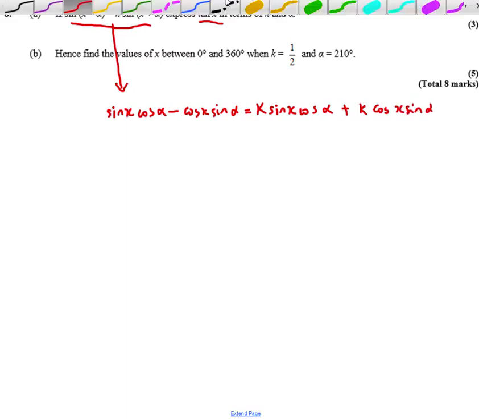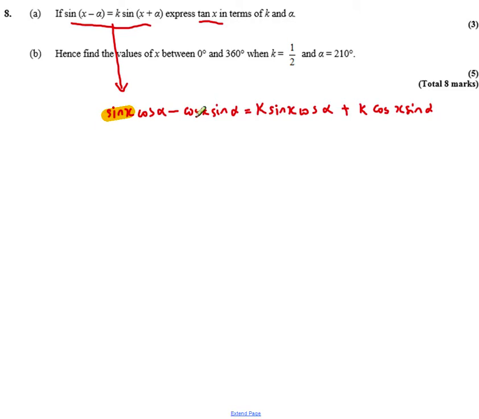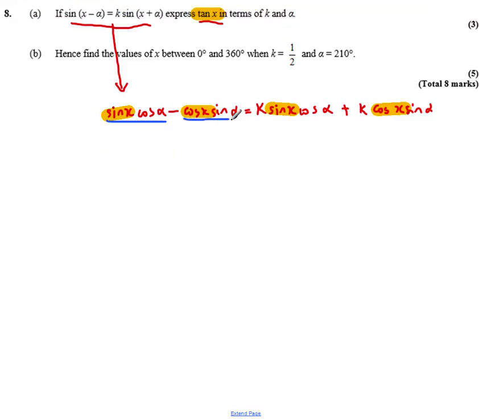Now if you look at this, what we've got is some sines and some cos x's, and we want to get some tan x's. And the only thing I'm allowed to do is to do the same to both sides, or do the same to every term. And actually, in order to get rid of the cos's and turn the sines into tans, the only thing that it's sensible to do is to divide everything by cos x.